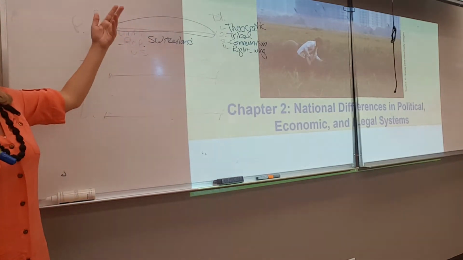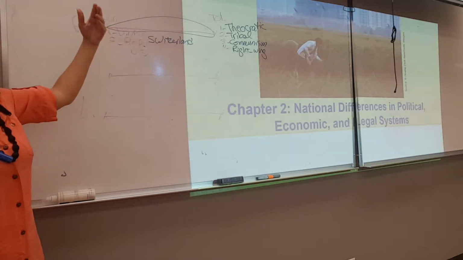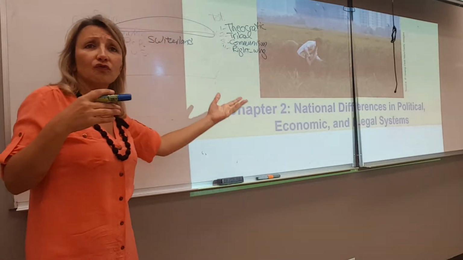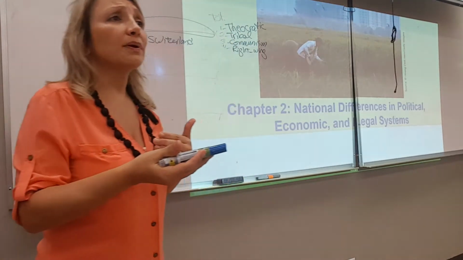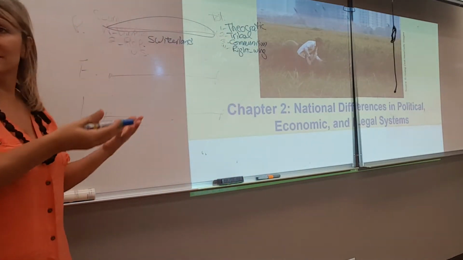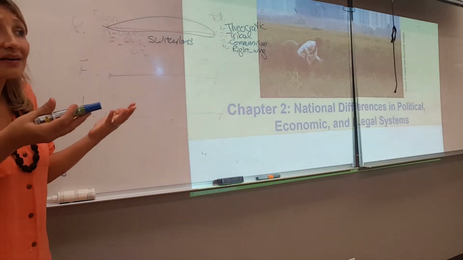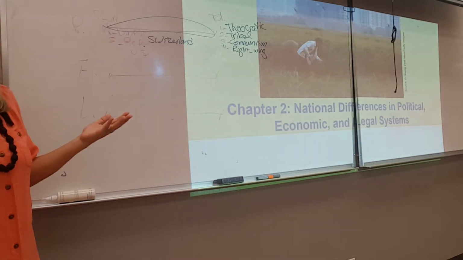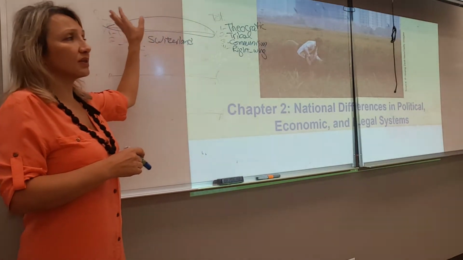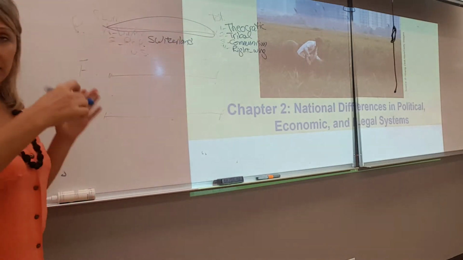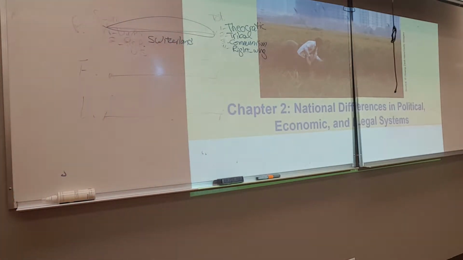It could have only two parties, or people don't vote, they just choose. Sometimes people vote, but it's so corrupt, the voting system is there, but in reality it's totalitarianism. So all other countries fall between these two extremes.